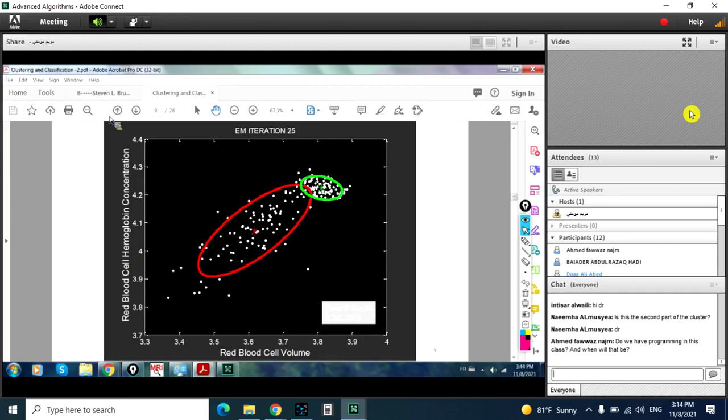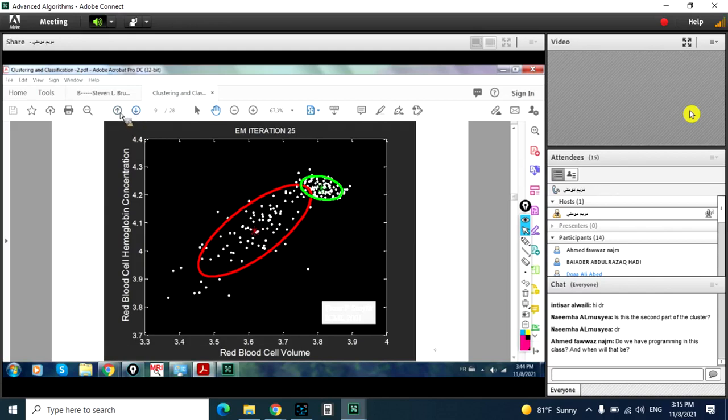And you see, after 15 iterations, after 25 iterations, we have two significant distributions, and there are many differences between this green and this.